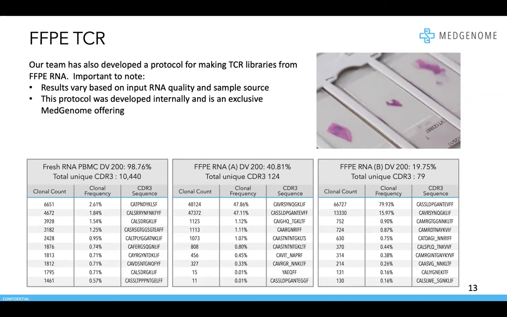And a lot of the optimization was done on the analysis end, in order to take this low quality data and still be able to get meaningful sequences from it.